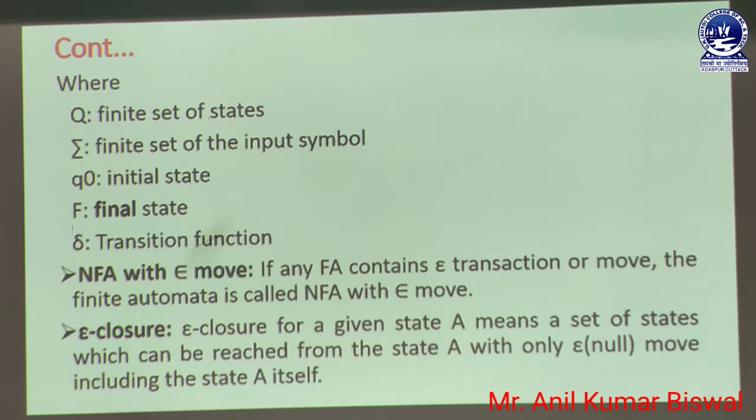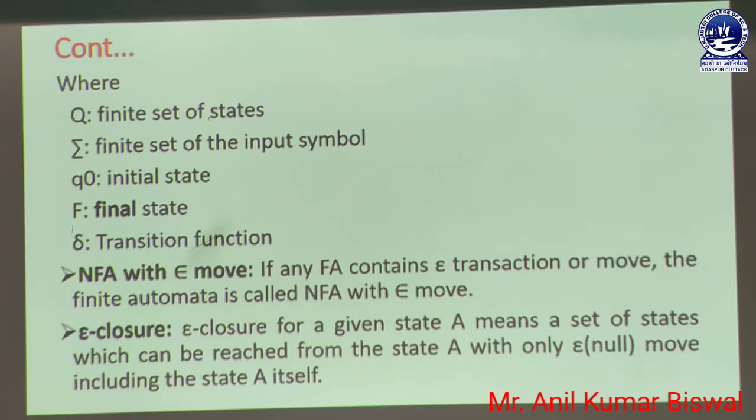So what is the use of NFA with epsilon move? If any finite automata contains an epsilon transition or move, then that finite automata is called an NFA with epsilon move. Whenever a user creates a finite automata with epsilon transition, it is an NFA that also contains epsilon moves, because due to that epsilon move we are learning how to convert epsilon moves to normal form.